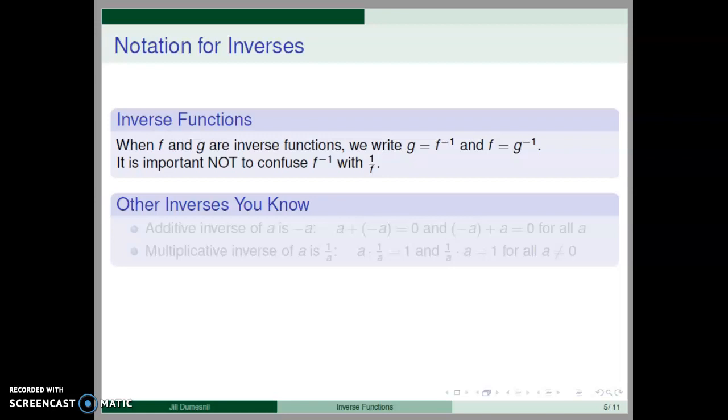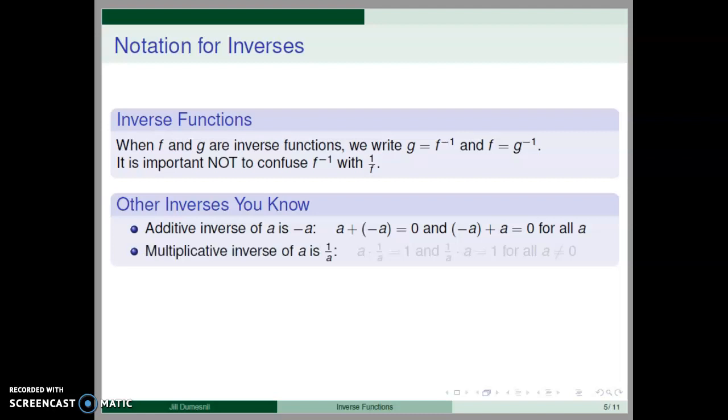Let's connect this idea to other inverses that you've seen before. The additive inverse of the real number a is the number minus a. Recall that a plus minus a is 0, and minus a plus a is 0. So additive inverses add to the additive identity.